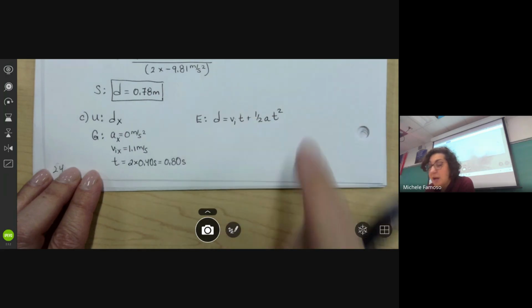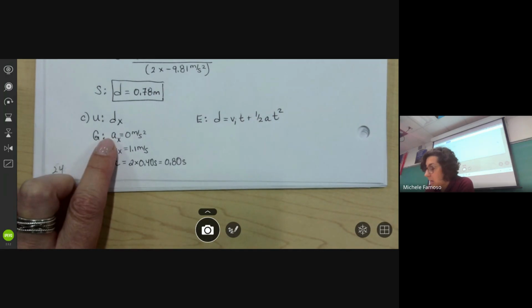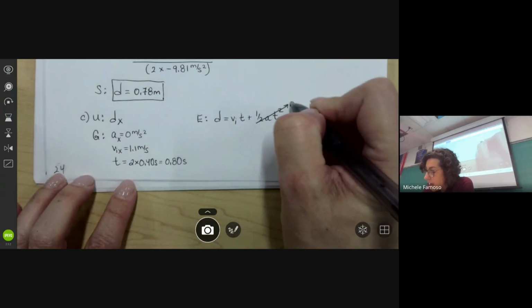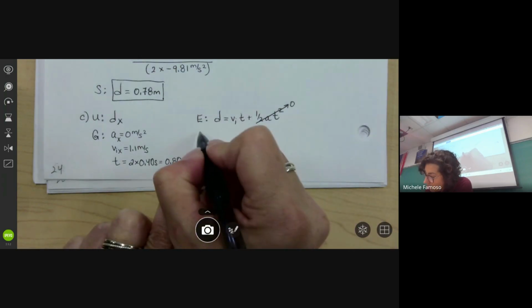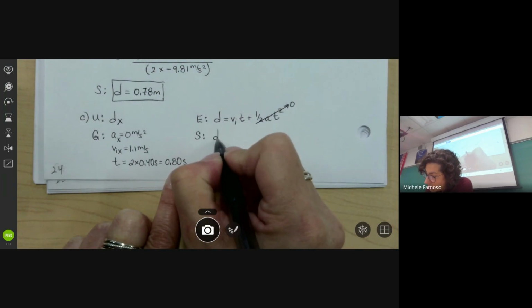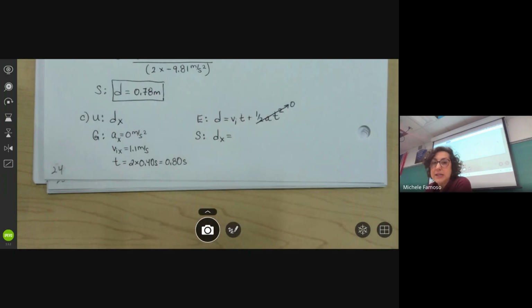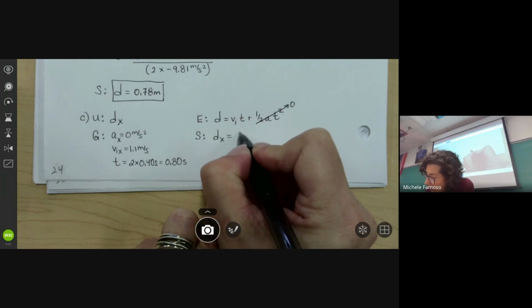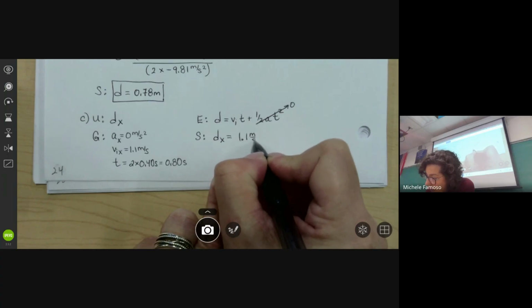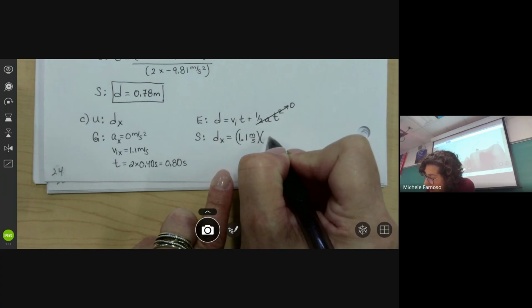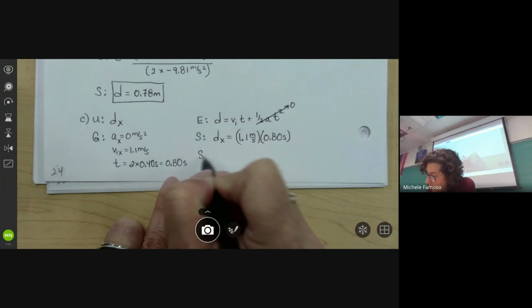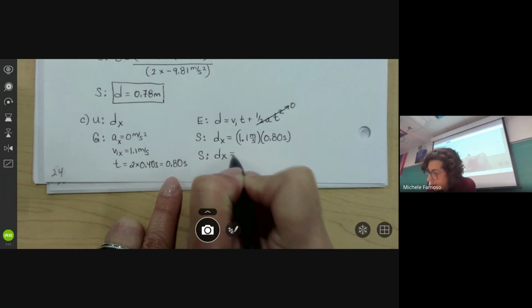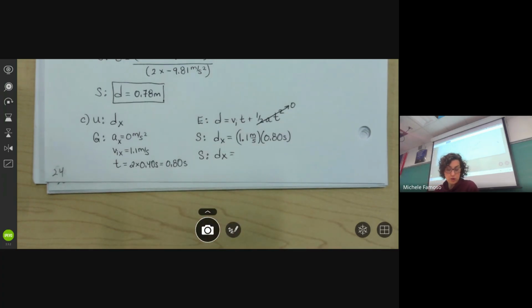Now, in the X direction, remember the A is 0, so that second half of the equation is going to drop out, which means when we substitute this, we would find that the distance in the X direction is 1.1 meters per second times 0.80 seconds, the total time. Let's go ahead and solve that for the range.